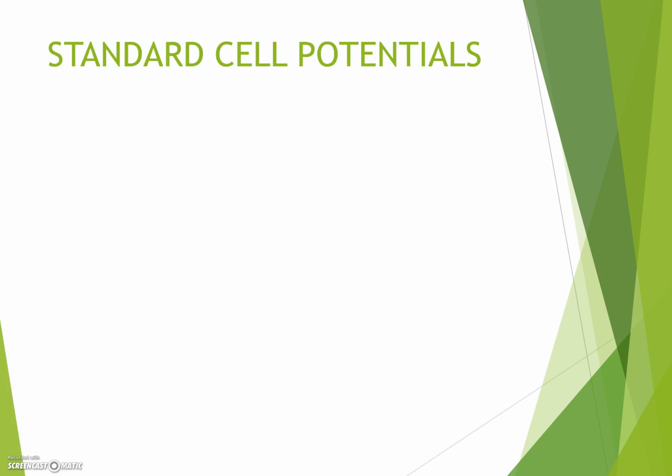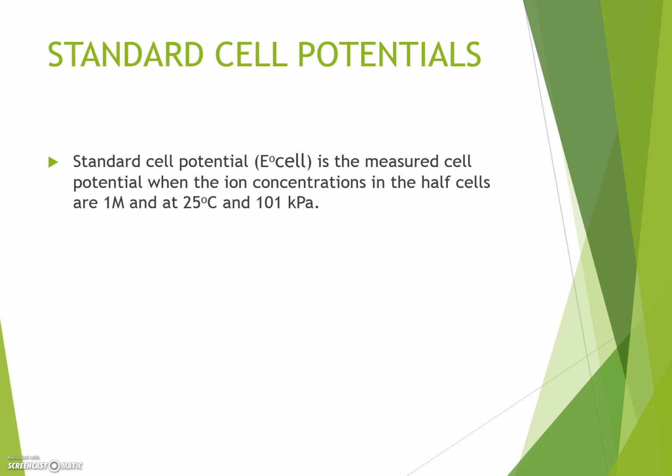Next, we need to talk about standard cell potentials. A standard cell potential is the measured cell potential when the ion concentrations in the half cells are 1 molar and at 25 degrees Celsius and 101 kilopascals.